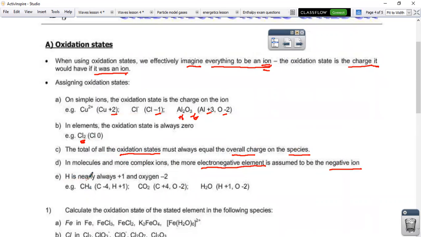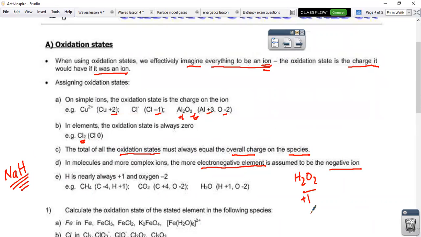Now, H is nearly always +1, but I gave you an example where it is not +1. Can you remember that example? In hydrogen peroxide. Not quite. In sodium hydride. So in hydrogen peroxide, this is still +1.